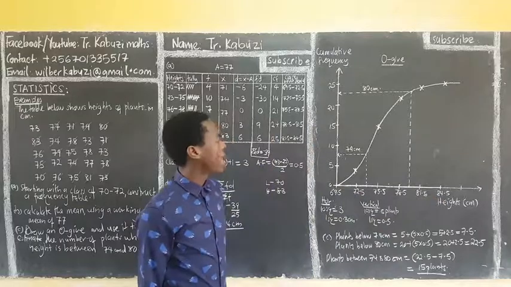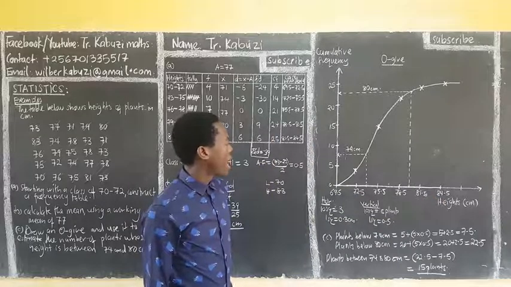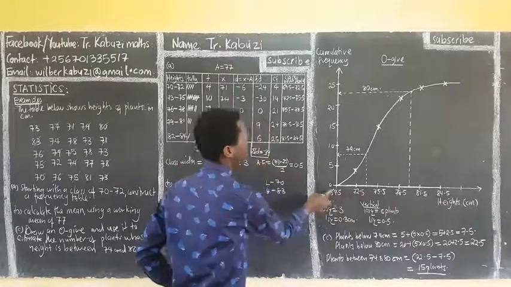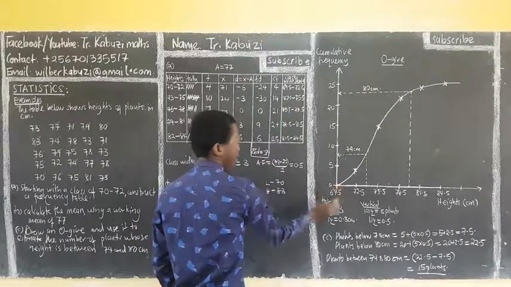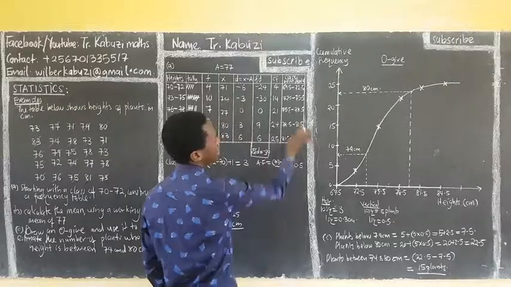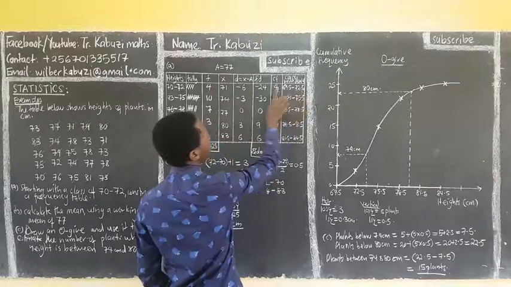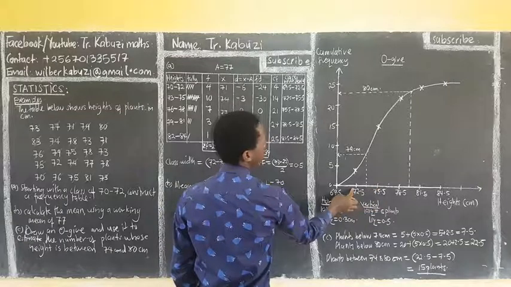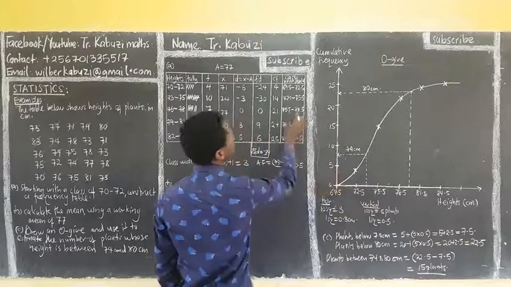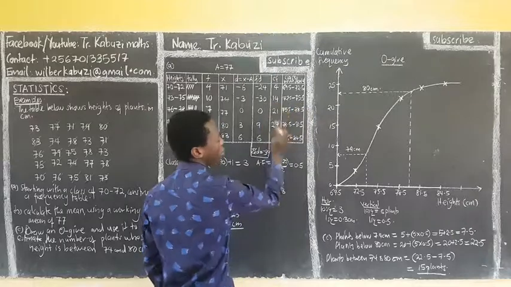So after doing that, we plot now. It's that 70, this one, the first, which goes with nobody. Then 72.5 goes with the 4. Then 75.5 is with the 14.